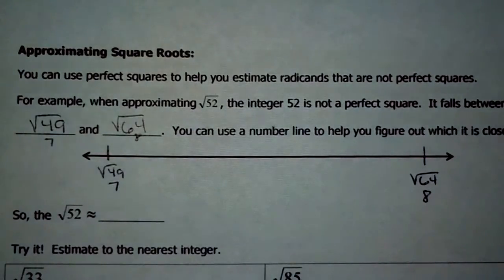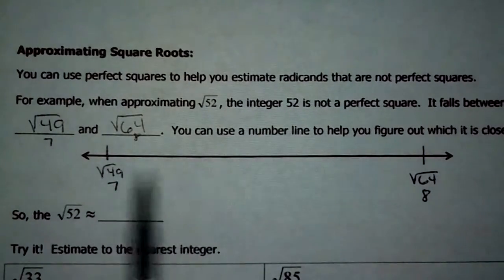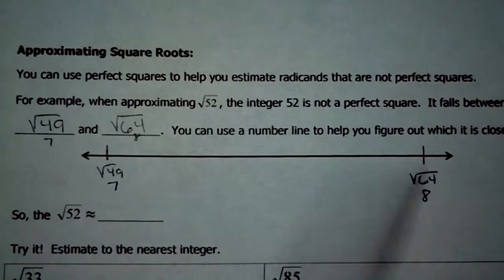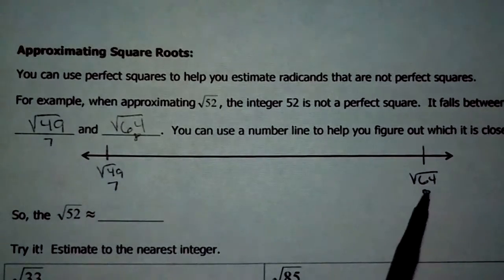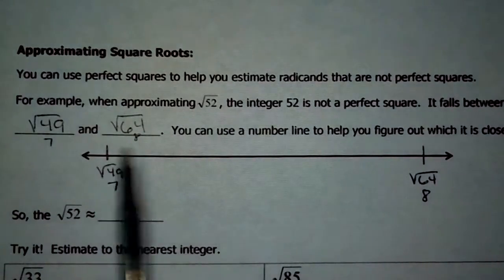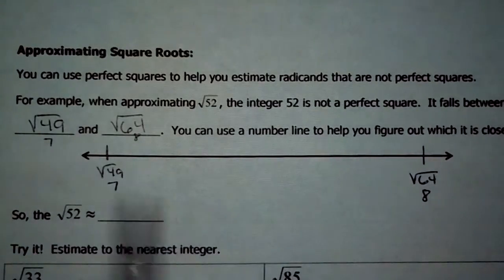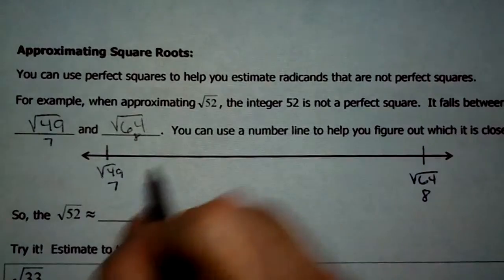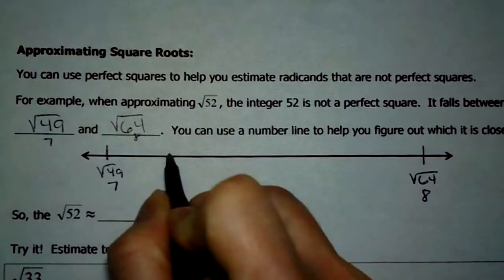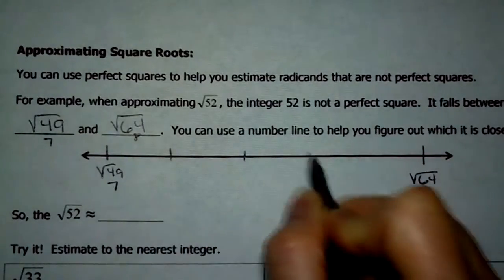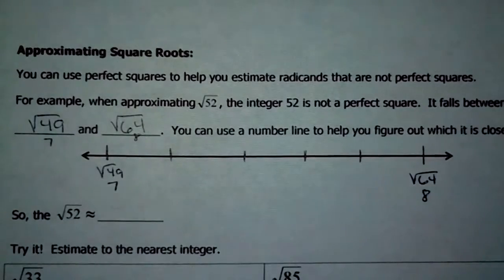It looks like we have enough space to count by 3s. If you're counting by 3s to get up to 15, you'd go 3, 6, 9, 12, and that would be the 15th. So I need to make 4 marks in between there. So go 1, 2, 3, 4.